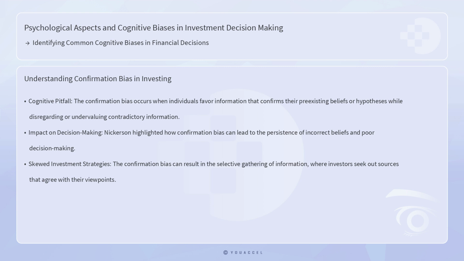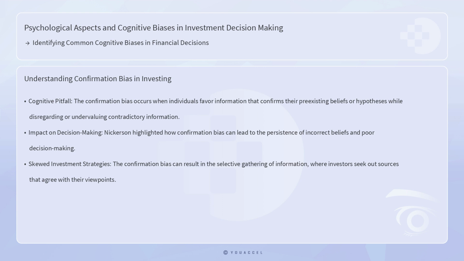The confirmation bias is another cognitive pitfall that investors need to be wary of. This bias occurs when individuals favor information that confirms their pre-existing beliefs or hypotheses, while disregarding or undervaluing information that contradicts them. Nickerson highlighted how confirmation bias can lead to the persistence of incorrect beliefs and poor decision-making.